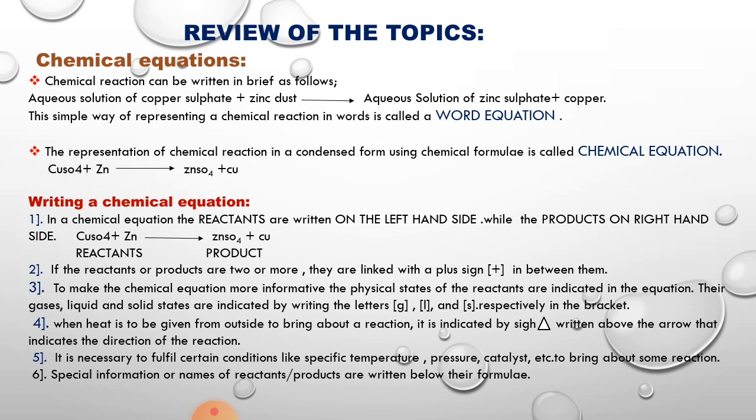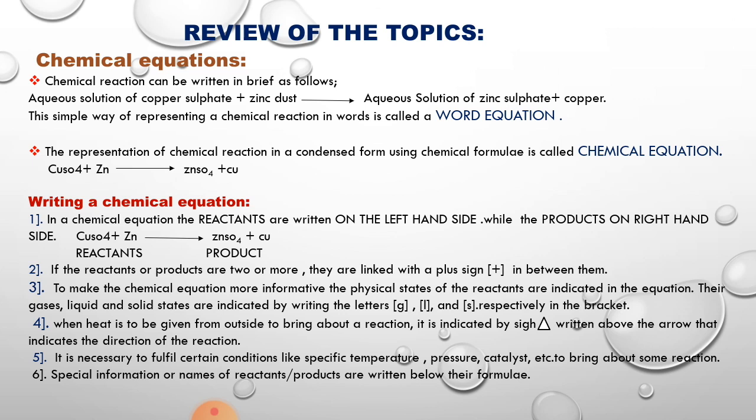To make the chemical equation more informative, the physical states of the reactants are indicated in the equation. Gaseous, liquid and solid states are indicated by writing the letters G, L and S, in capital form, in brackets.